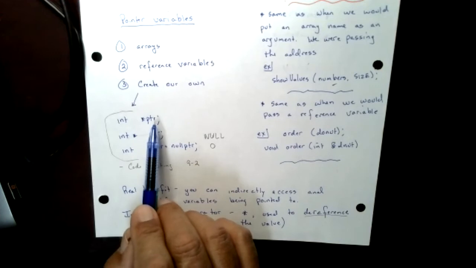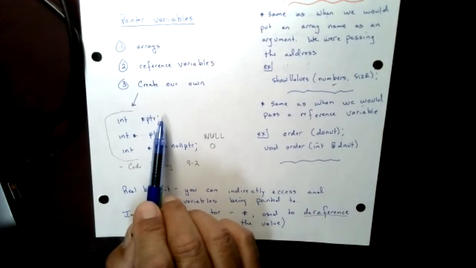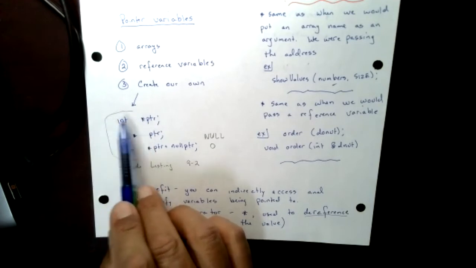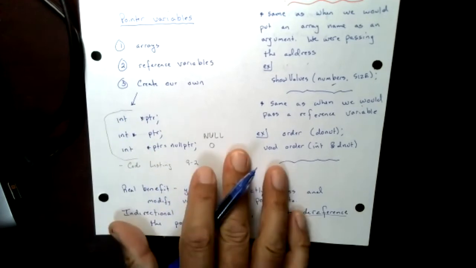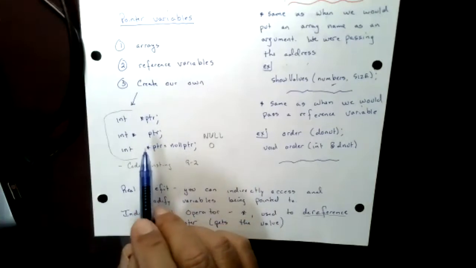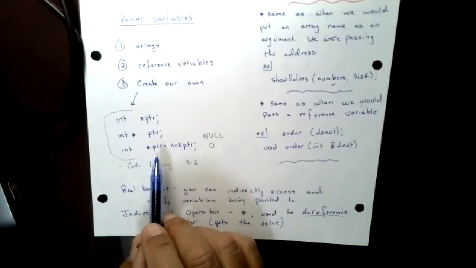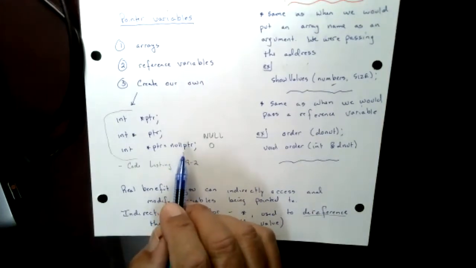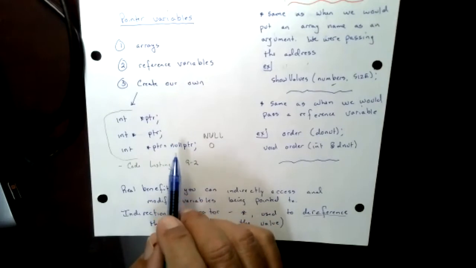Okay. Creating a variable called pointer that's going to store the address of where some integer is stored. One of the things I can do with my pointer is give it a default value. Different versions of Dev C++ want you to use different things.